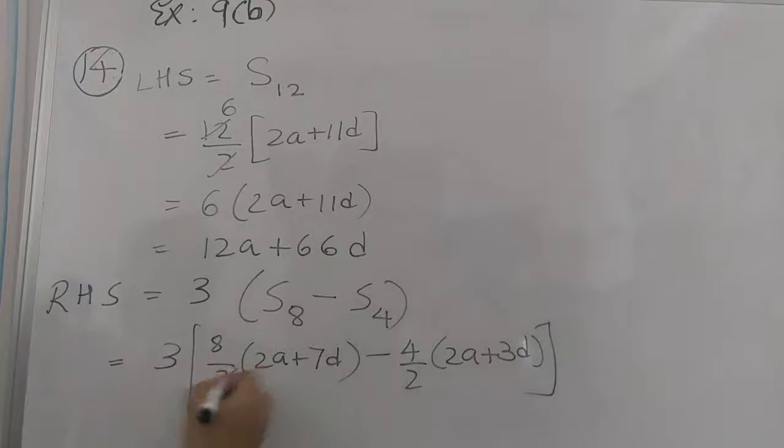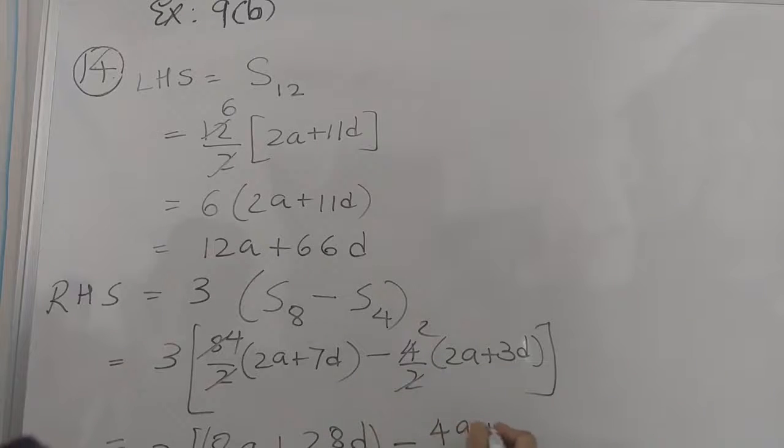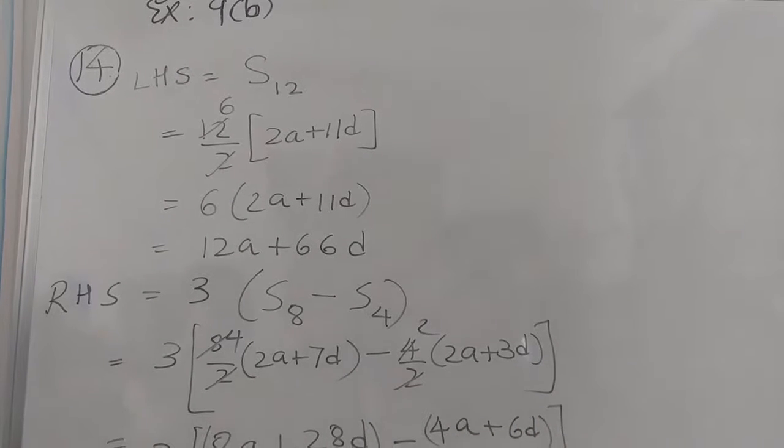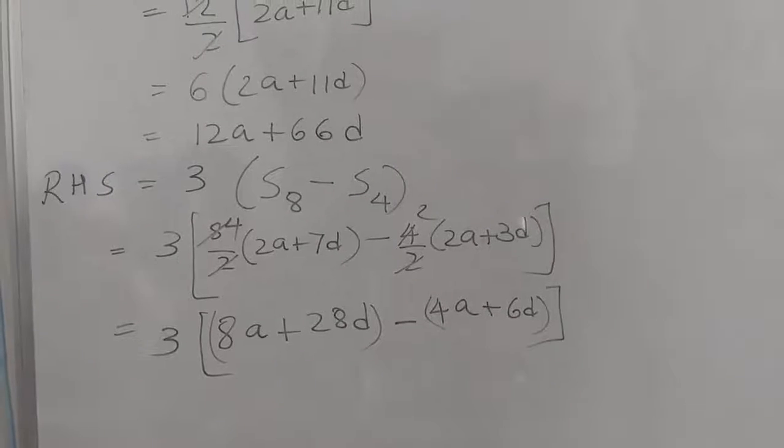Like this, here we can cancel by 4s and here by 2s. So 3 times in the bracket 4 2s are 8a plus 7 4s are 28d, minus, this is 2 2s are 4a plus 3 2s are 6d. So this way we can simplify our RHS.